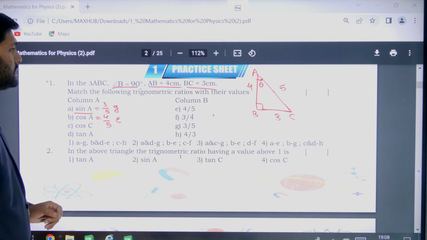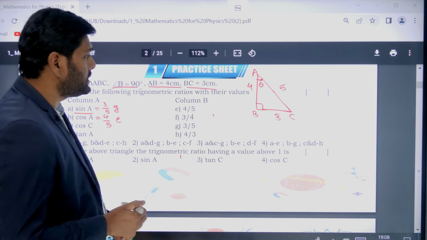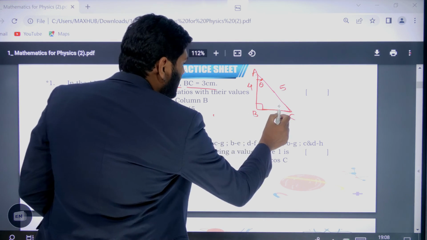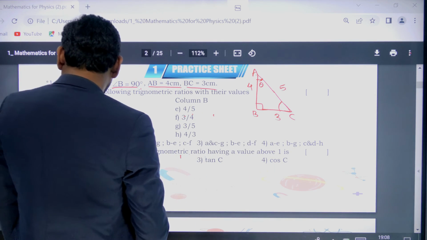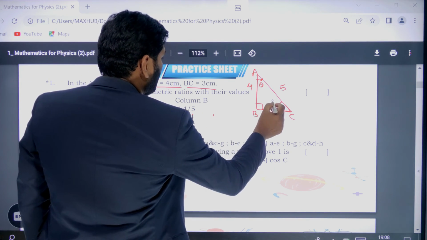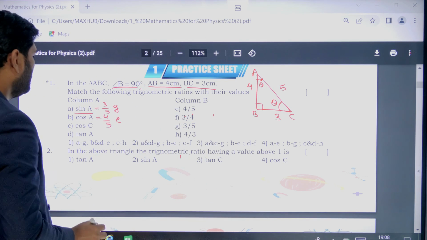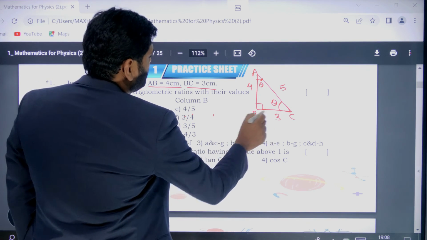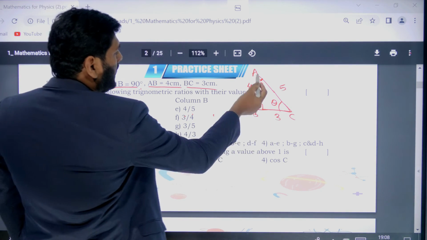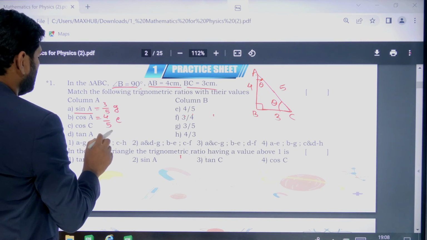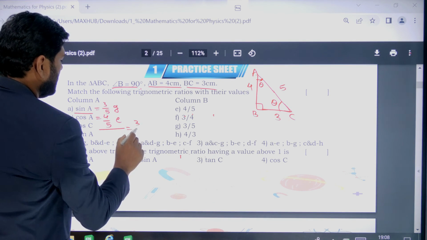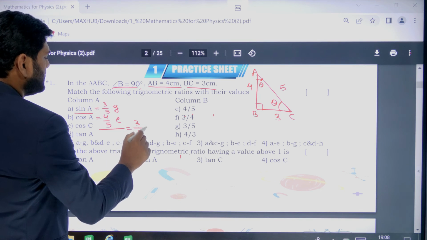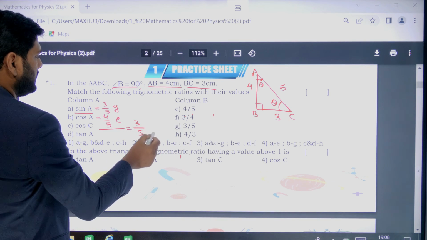And same way cos C. When you are taking cos C here, you have to take this as the angle. When you take this as an angle, BC becomes adjacent, over hypotenuse. BC value is 3, so it is 3 by 5, which means again G will come.